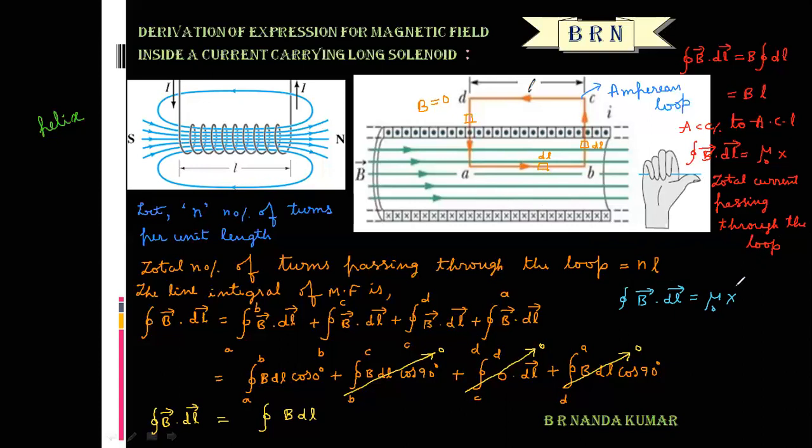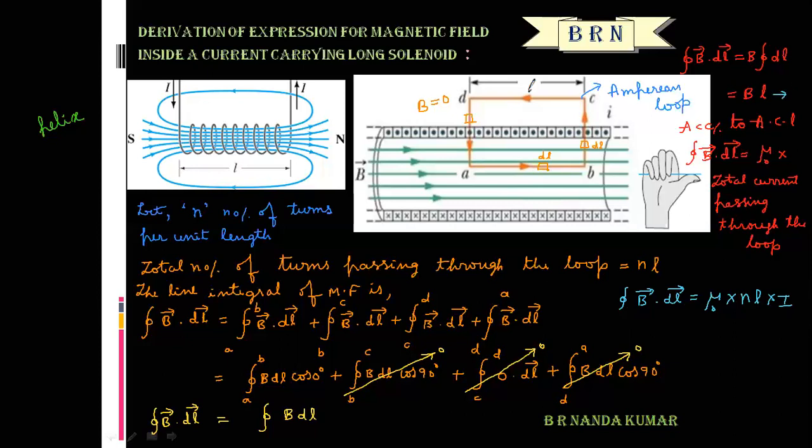So number of turns passing through the loop is nL, right, into current in each turn is I. So nLI is the total current passing through the loop.